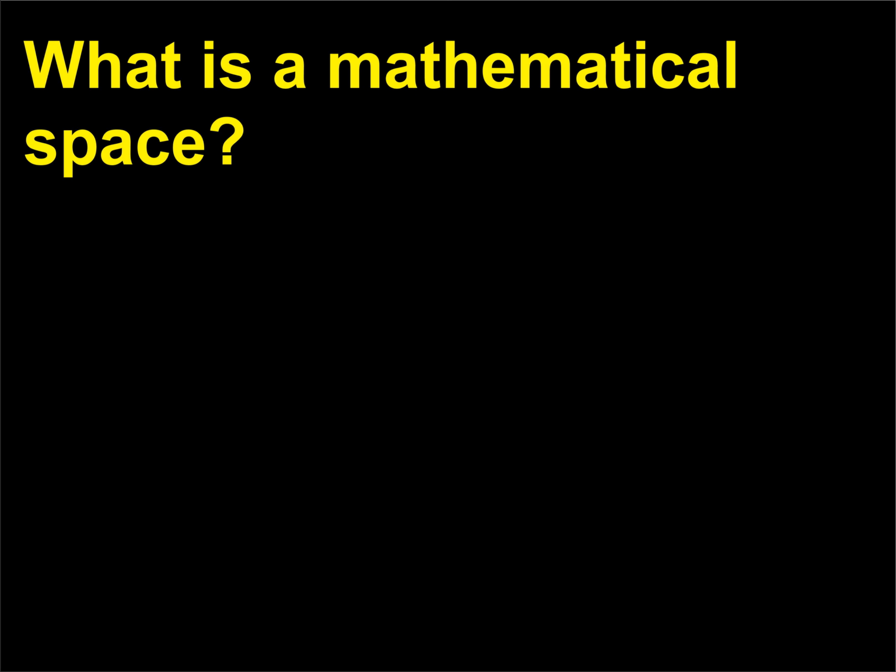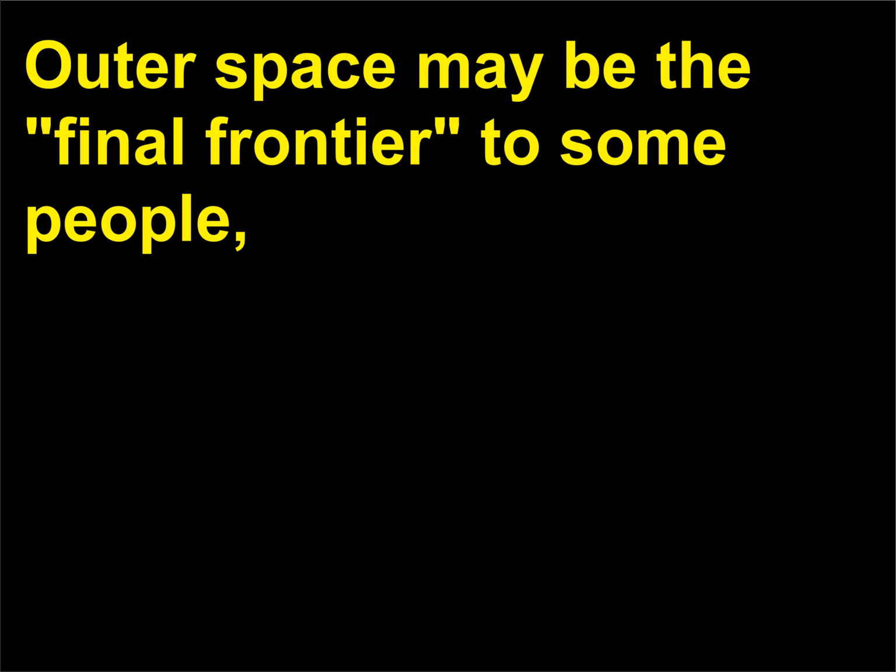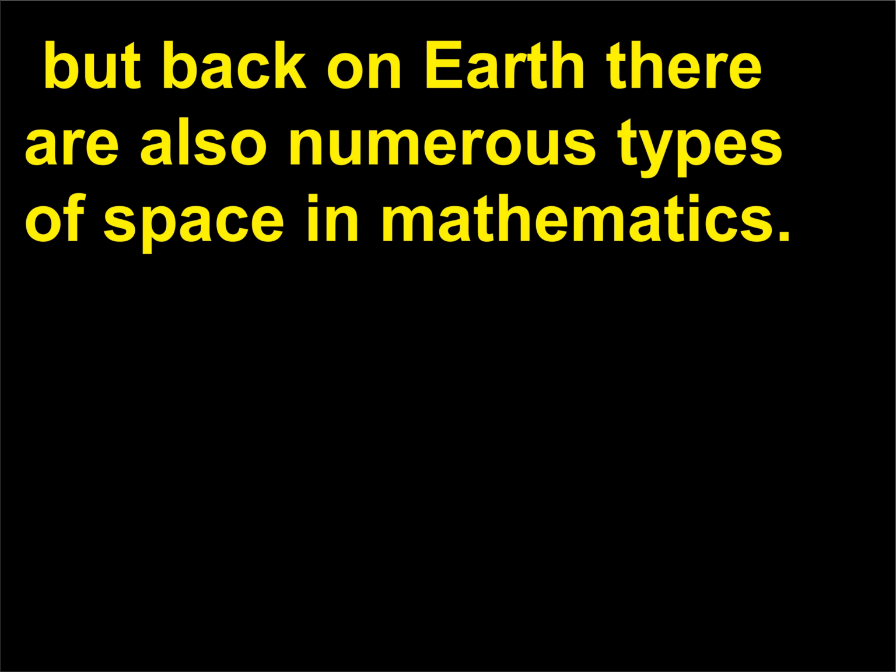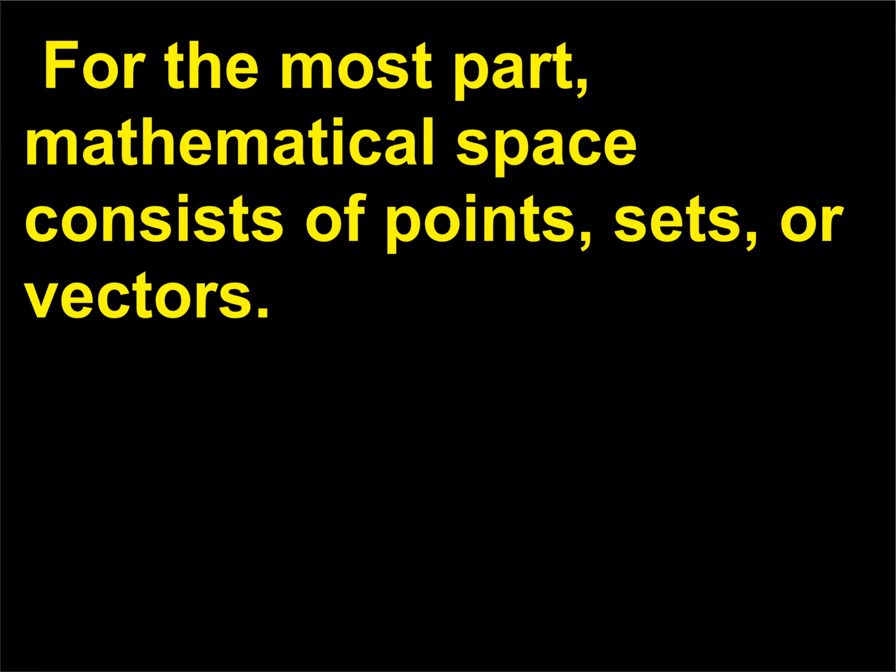What is a mathematical space? Outer space may be the final frontier to some people. But back on Earth there are also numerous types of space in mathematics. For the most part, mathematical space consists of points, sets, or vectors.